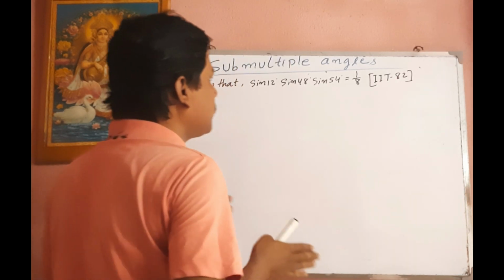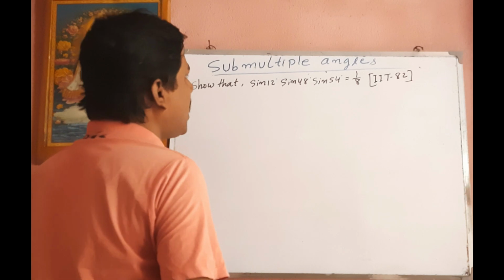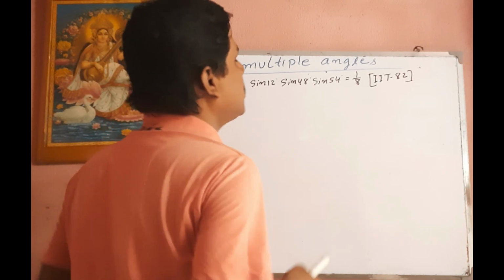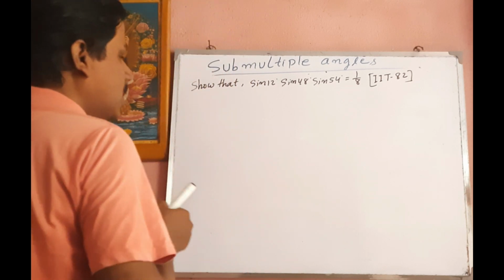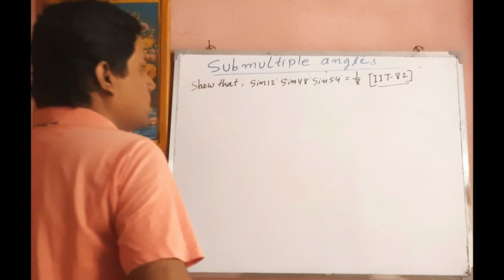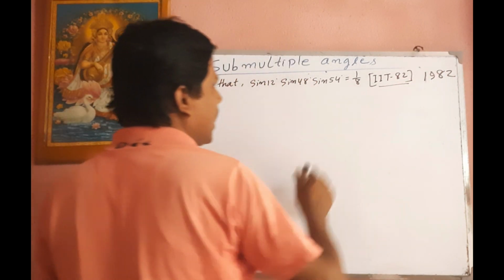The first example of the day is: sine 12 theta into sine 48 theta into sine 54 theta is equal to 1 by 8. This is an IIT level question of 1982 in IIT.